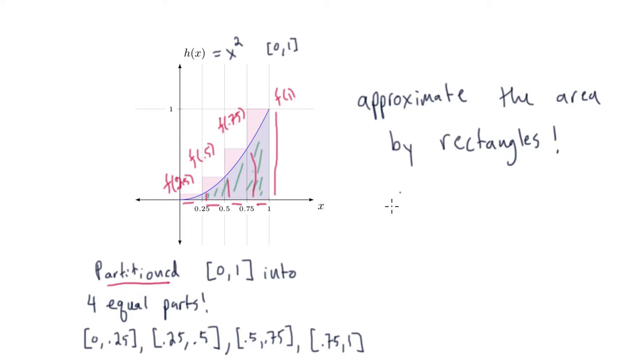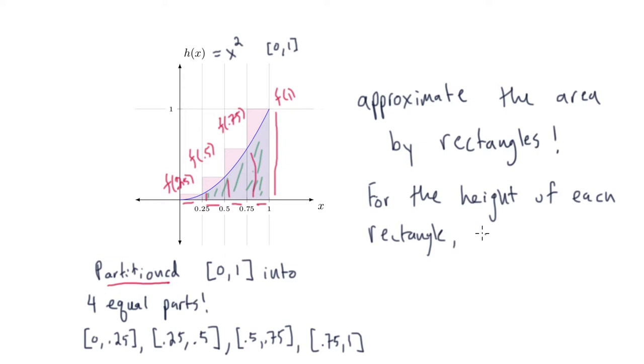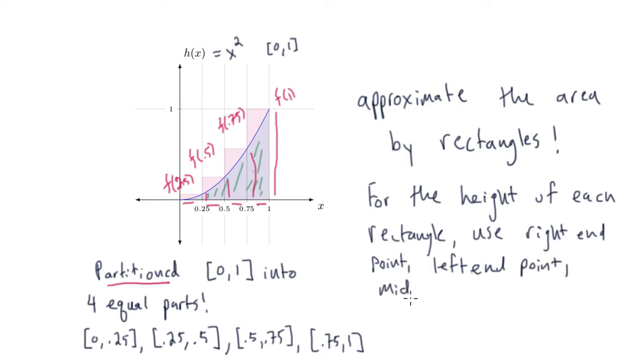So for the height of the rectangle, we can use the right endpoint, the left endpoint, or the midpoint. So the midpoint would be like this point here. That would give me a different height.